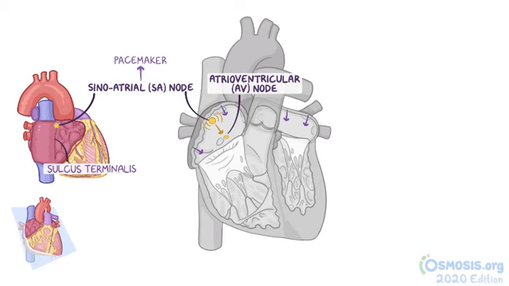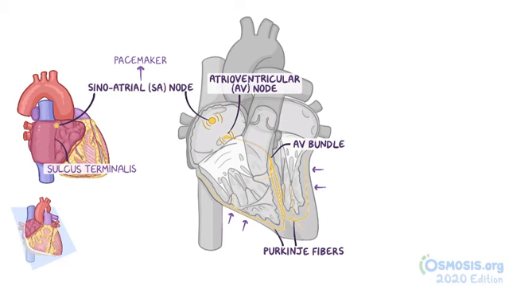The impulse then spreads to the AV node, and afterwards, the AV node spreads the impulse to the ventricles through the AV bundle. Finally, at the junction of the membranous and muscular part of the IVS, the AV bundle spreads into a right and left branch that further stimulates the IVS and then the respective ventricles through smaller branches, called the Purkinje fibers. This way, the ventricles can contract effectively.